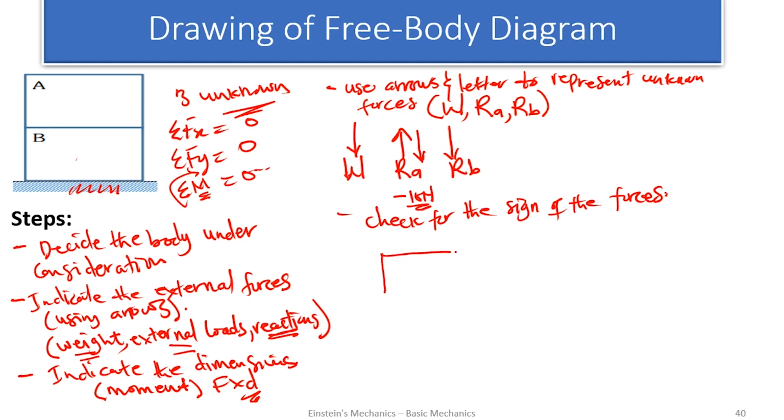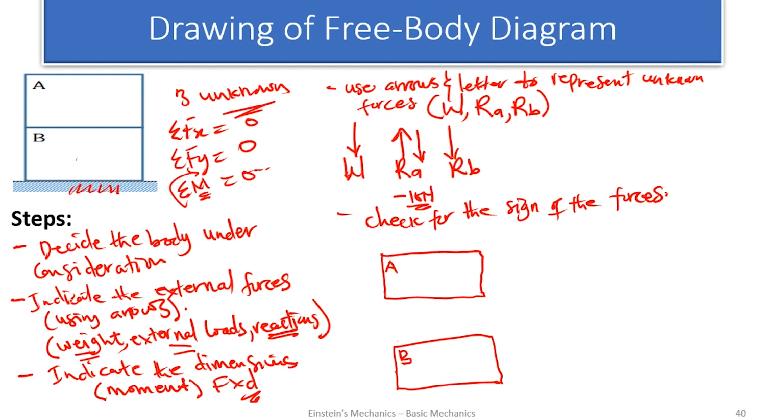So something like this for the block A. So block A and block B will be separated from the ground as well. So this is block B. They are separated now. Okay, so let's decide the body under consideration. The two of them are under consideration. So let's take the two of them.